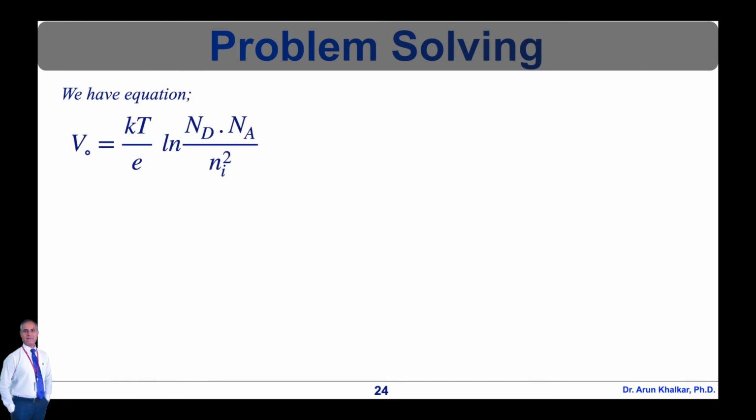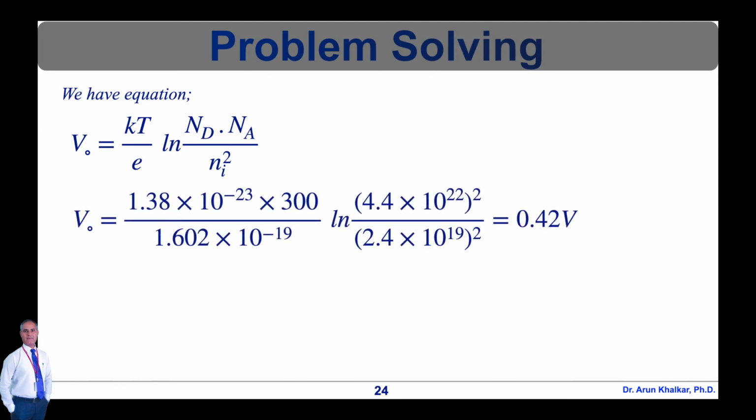capital V naught is equal to KT upon e ln of Nd Na upon Ni square, which is equation number 9. Therefore, capital V naught is equal to the Boltzmann constant 1.38 × 10^-23 into temperature 300 Kelvin divided by the charge on electron 1.602 × 10^-19 into ln of (4.4 × 10^22) square divided by Ni square, which is (2.4 × 10^19) square.